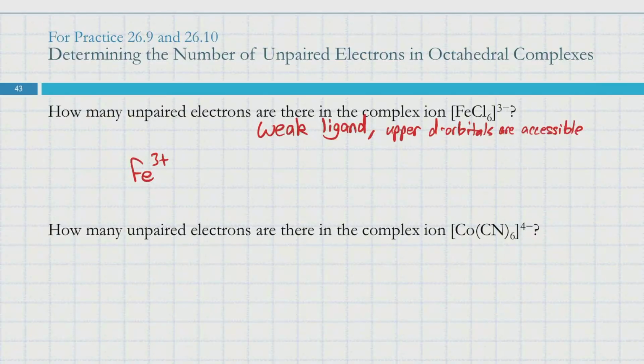Normally, iron has 8 electrons. So Fe would have 8 valence electrons. We've lost 3. So we've got 5 electrons to place for iron. We draw out our d orbital levels, keeping in mind that this is a weak ligand, and so we've got access to those upper d orbitals.